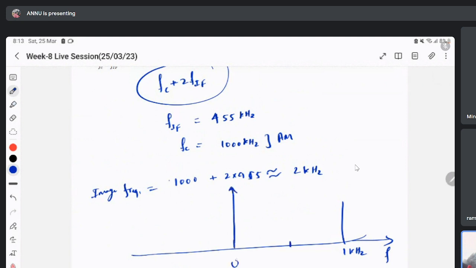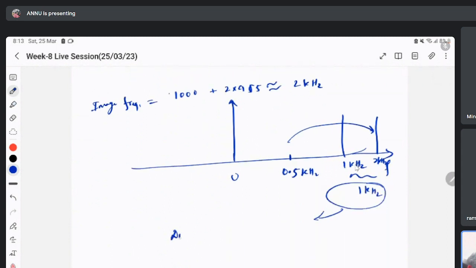Then you are just making it 2 kilohertz. The difference is 1 kilohertz, far less than the difference in modulation. In this way, mixer and modulation differ.